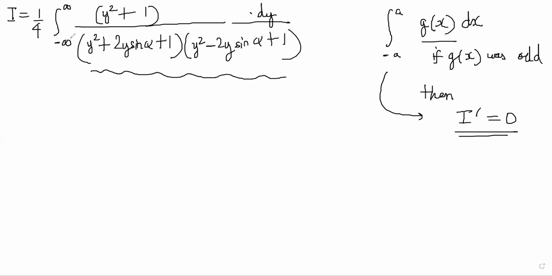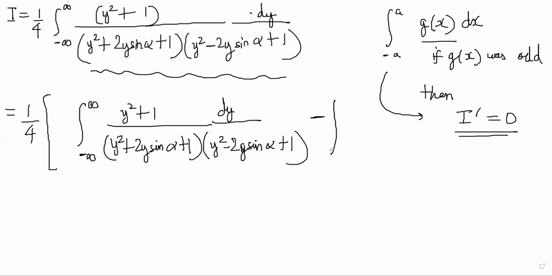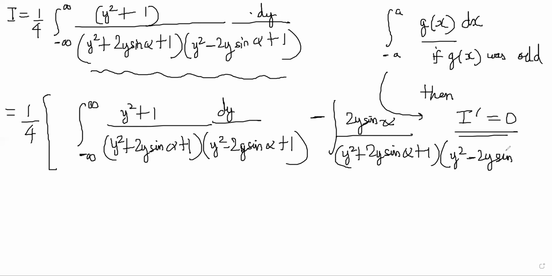So what we can do here to simplify the calculation of this integral, we can add something to it. So what do we add to it? We will add something which is 0, right? So right now I have something like this. Why don't we subtract the integral of 2y sine alpha by the same denominator, (y square plus 2y sine alpha plus 1) multiplied by (y square minus 2y sine alpha plus 1)?